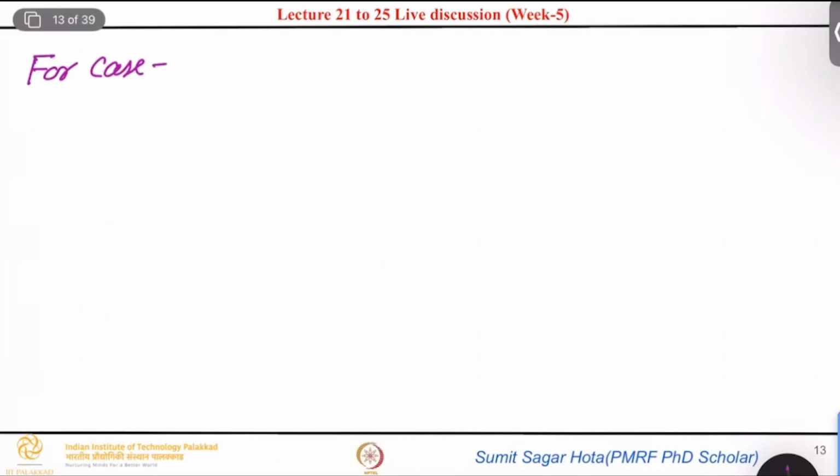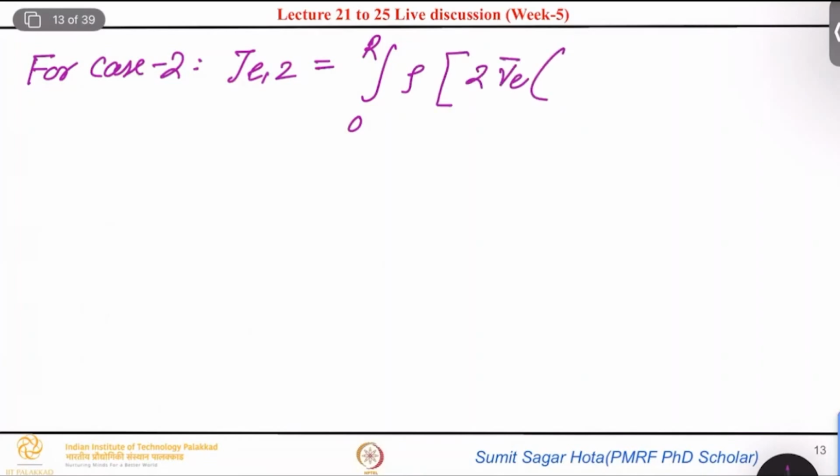For case 2, J2 is equal to the integral from 0 to R of rho times 2 VE bar times 1 minus r square by capital R square, times 2 pi r dr.